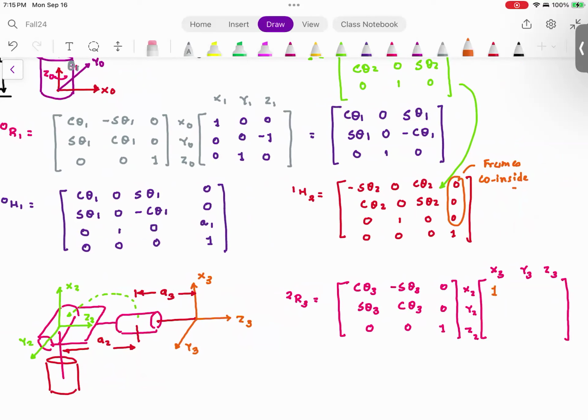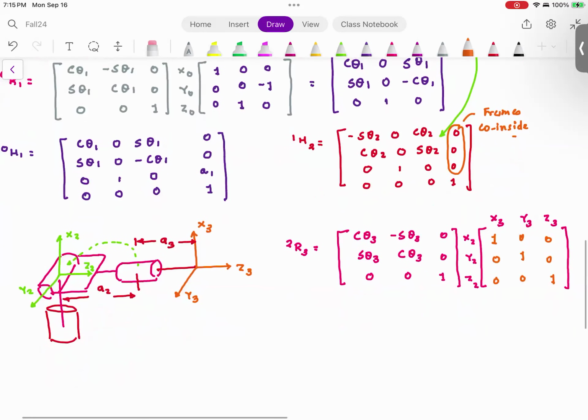Can you see that? x3 is aligned with x2. z3 is aligned with z2. And y3 is aligned with y2. Which means now I'm gonna write my homogeneous transformation.